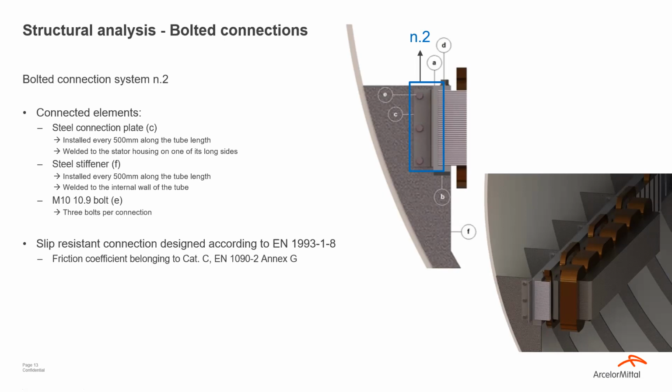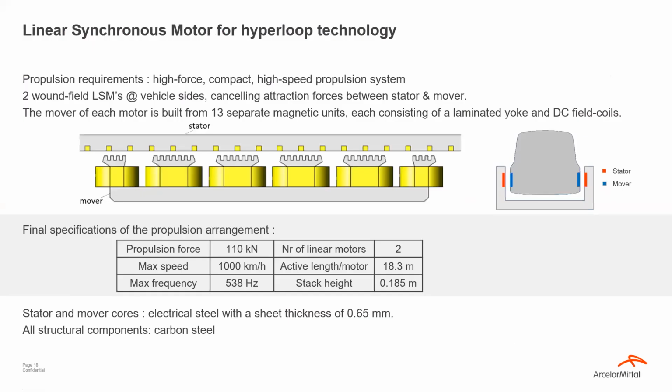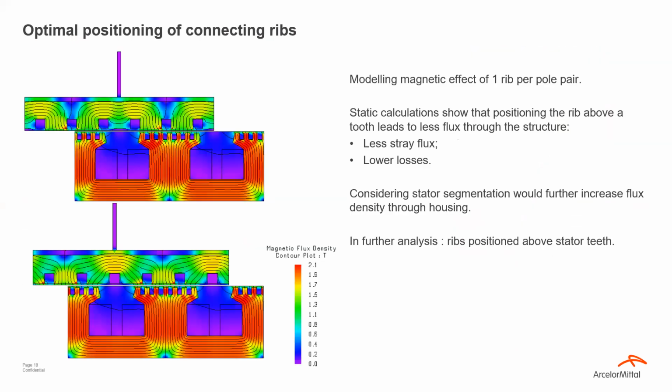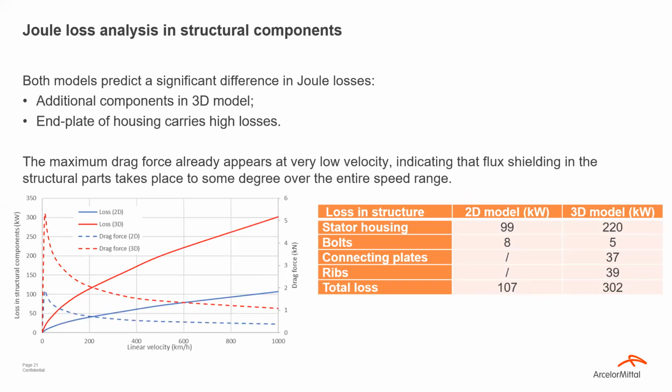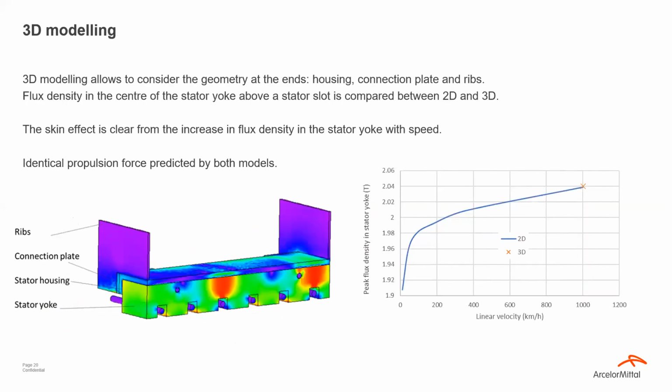So then there's one more question on the simulations. Why is there such a high difference between the 2D and 3D simulations? You've said that there's like a 2x difference at some point. Yeah, the difference between 2D and 3D is, on the one hand, and I browsed through that too quickly, that there are a lot of stray fields, the ones that go into the steel structure.